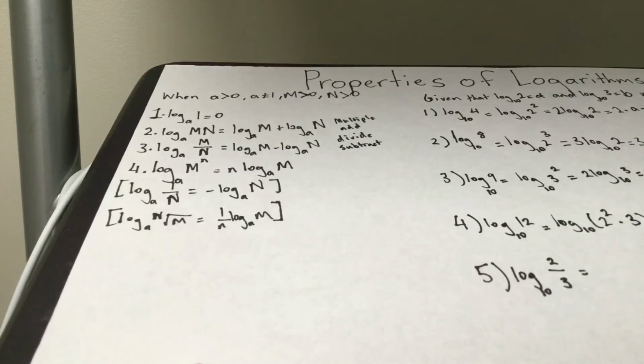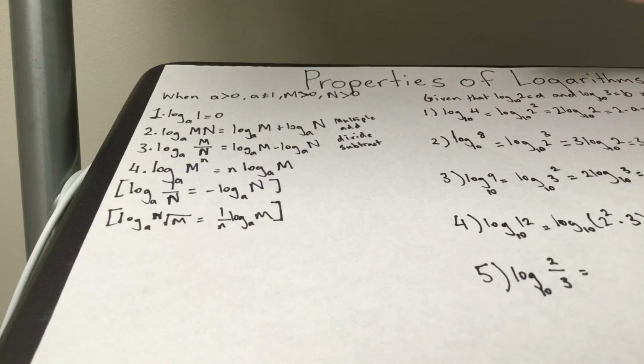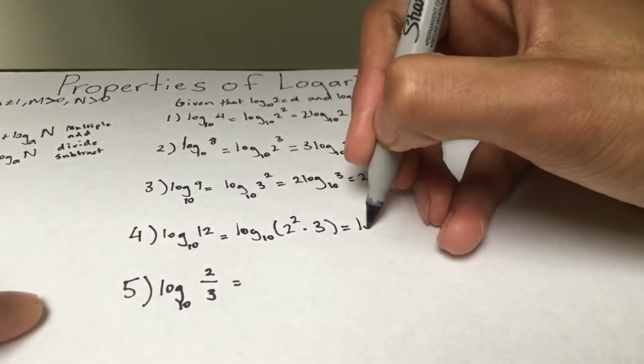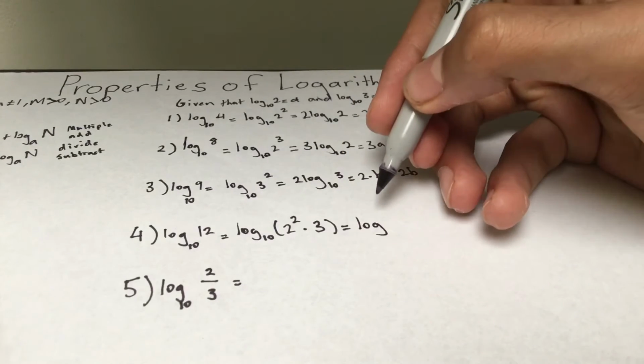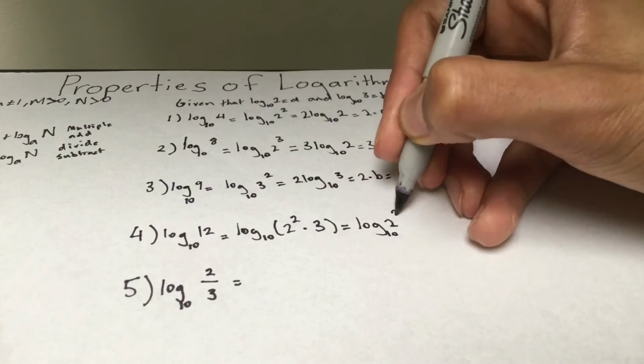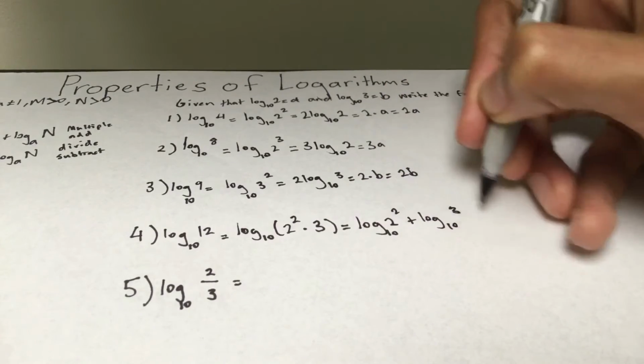Our first rule states that when it's being multiplied, we put it into two groups and we add. So in this case, I'm going to write it as log 10 2 plus log 10 3.